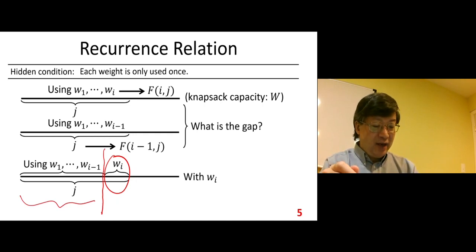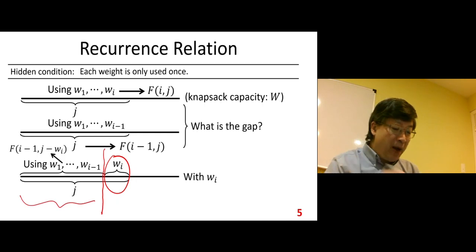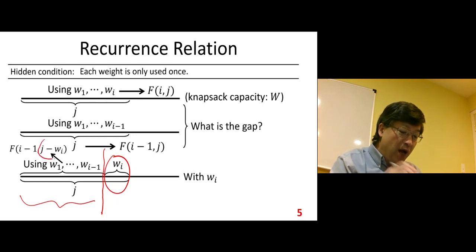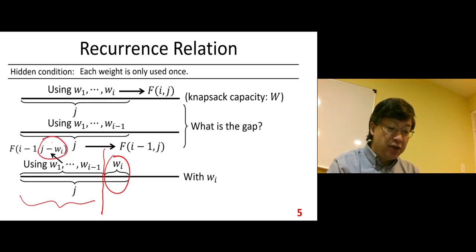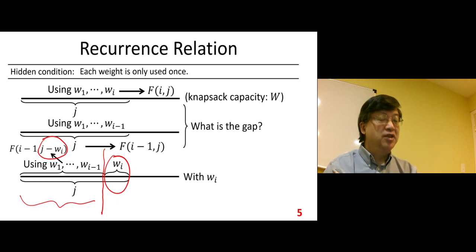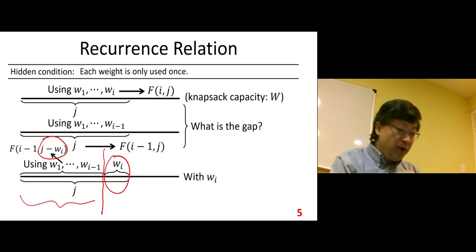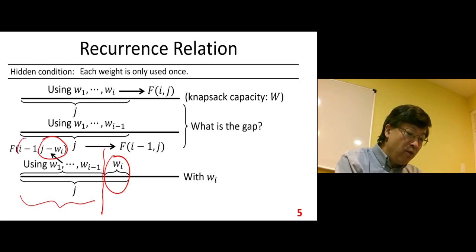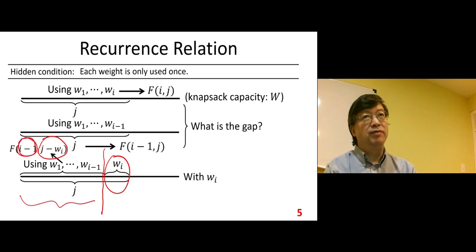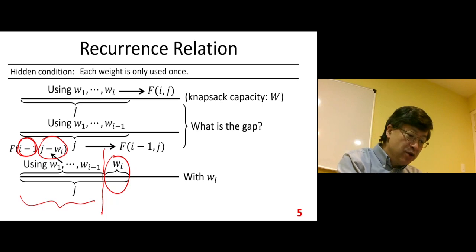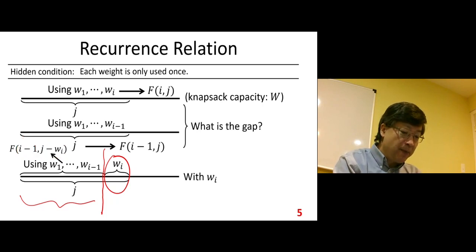The remaining capacity is the capacity number we updated, J minus Wi. But we use the weights from item 1 through item i minus 1. So the optimal solution is this.